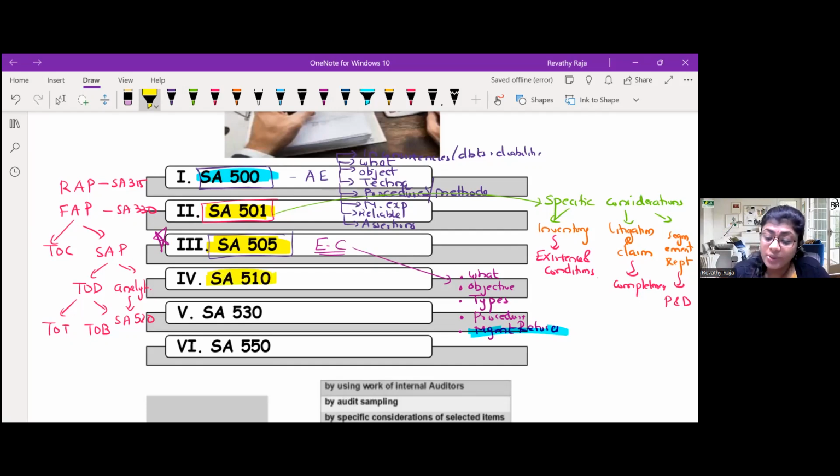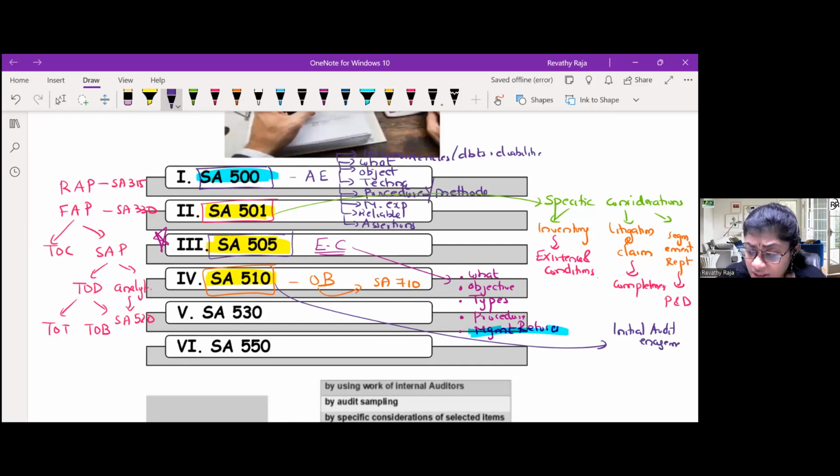Now going to SA 510. 510 is initial audit engagement, opening balances. Now 510 is addressed even in SA 710, which is nothing but comparative information. In 510, we are talking about initial audit engagement.